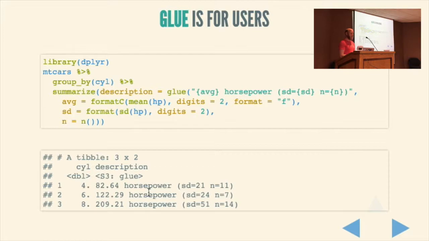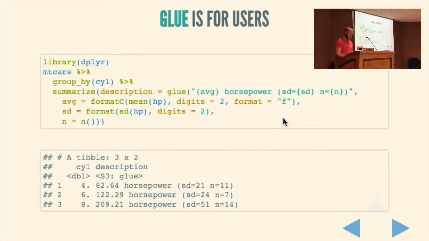So glue is really designed for users using R scripts. This is showing an example using dplyr with the Motor Trend Cars dataset. Here I'm basically just grouping the dataset by cylinder and then creating a description. This is just a simple text description of each group, where the text description is the average horsepower of the group, the standard deviation, and the number of cars in the group.